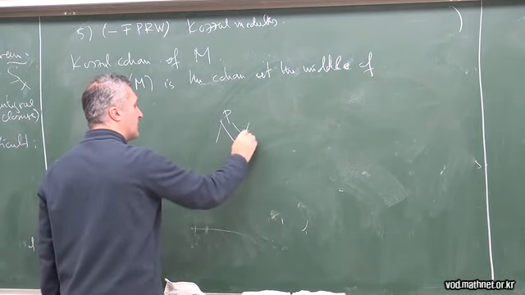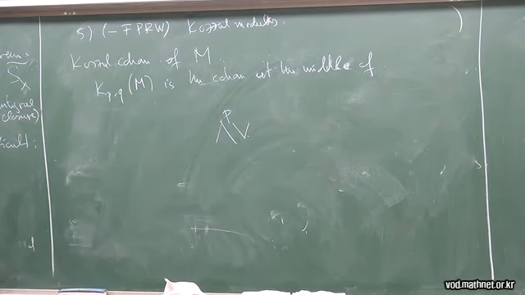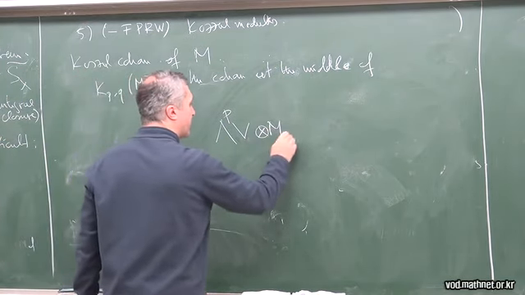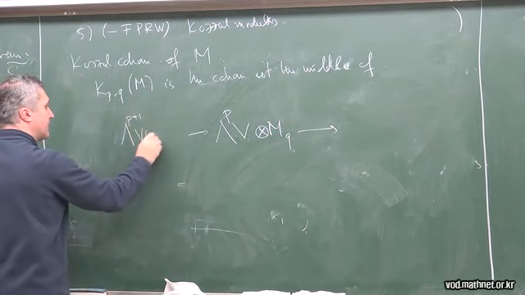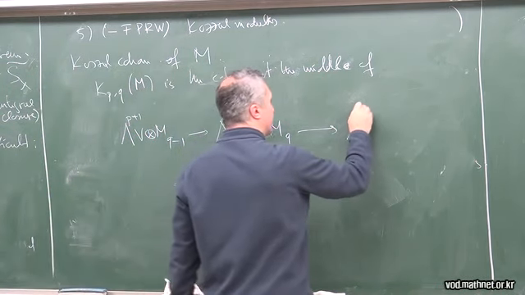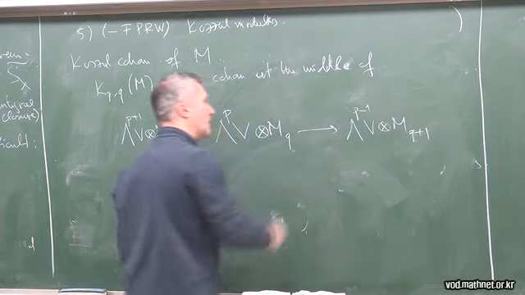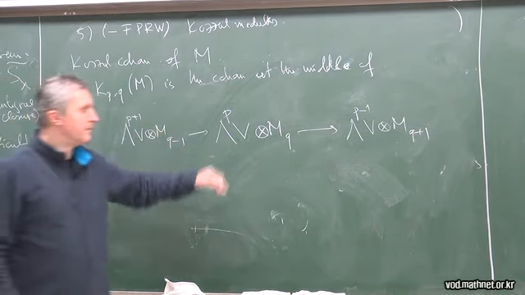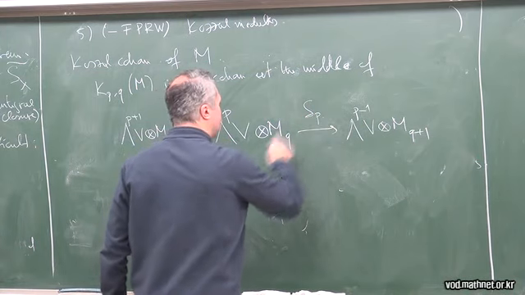So wedge p of V, where V was the original vector space whose symmetric algebra we considered, tensor Mq. Then it comes from wedge p+1 V tensor Mq-1. We also wedge p-1 V tensor Mq+1. So remark that the sum of the indices here is the same, and these are delta. So this is delta p.